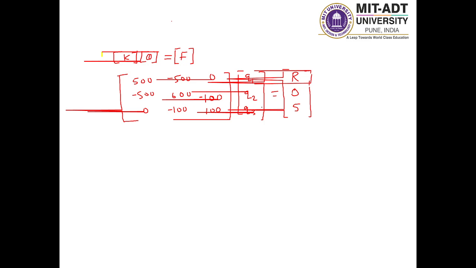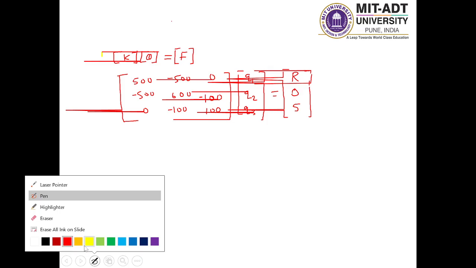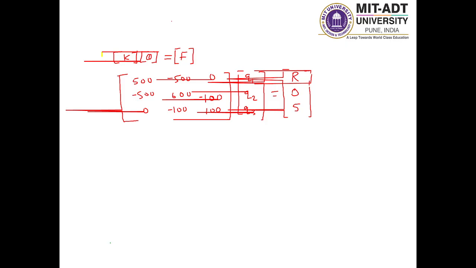Now as node 1 is fixed, I am using the elimination approach. So in the elimination approach, what we will do, the node which is fixed, at that node we are going to remove that row and column. So in this case, node 1 is fixed, so I'm going to remove row 1 and column 1, so that it is showing the effect of node 1 being fixed.